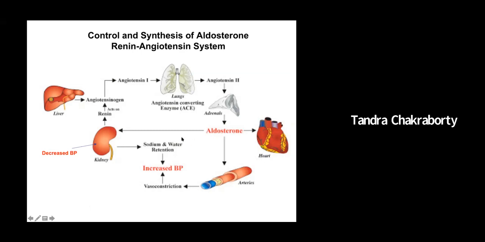How? I'll explain a little later. It can act on the arteries, causing vasoconstriction, increases BP, water retention. And then the heart, which produces ANP, which is atrial natriuretic peptide, it is a negative regulator of aldosterone production.